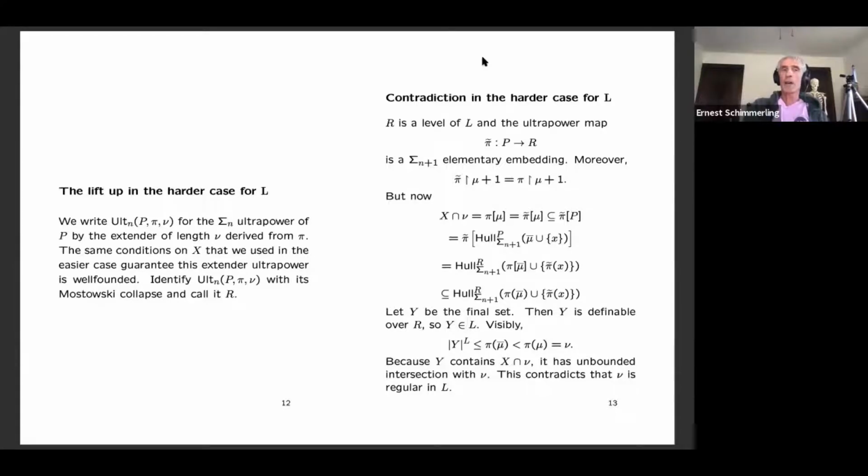and then you can form this ultrapower by taking the ultrapowers by the individual filters that make up the extender, and then taking a direct limit.